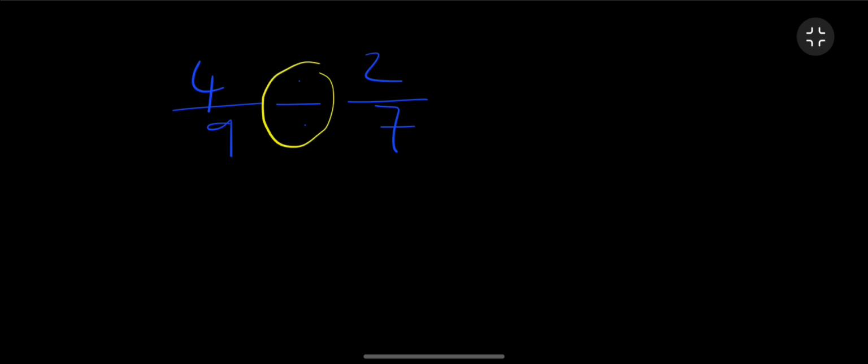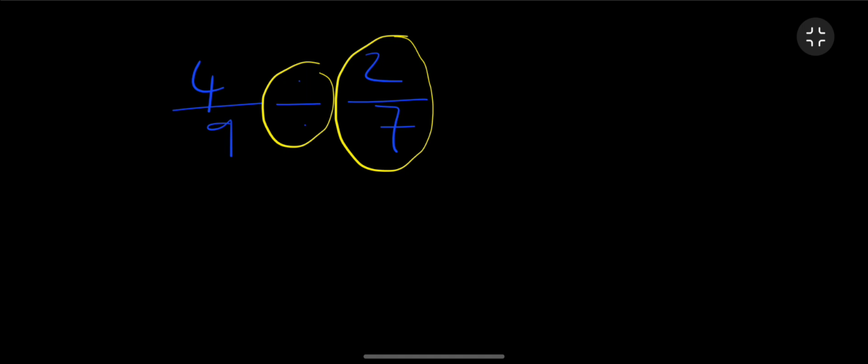So let's say we do have this example. When we are dividing, we need to change the division sign into multiplication. And as soon as we change the division sign into multiplication, we then invert these numbers.